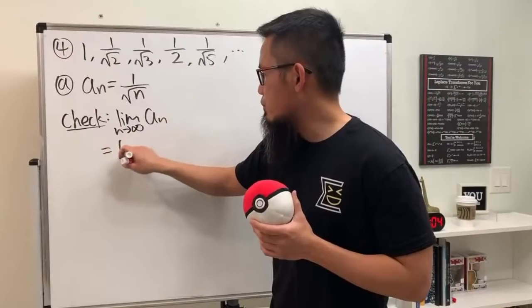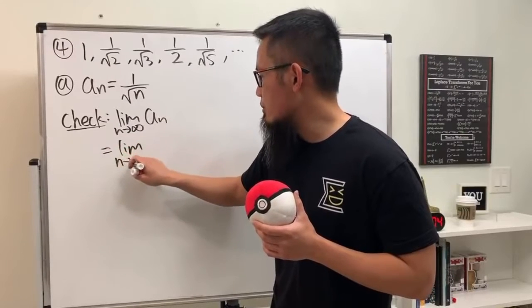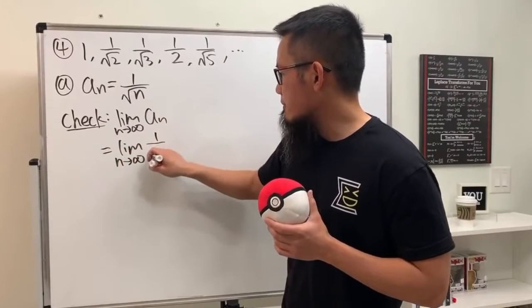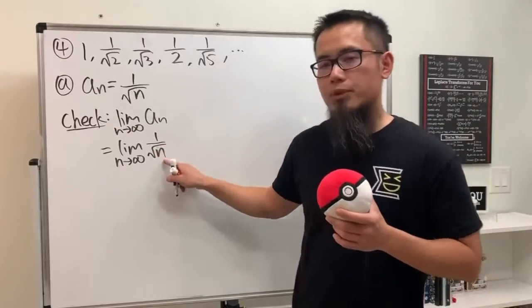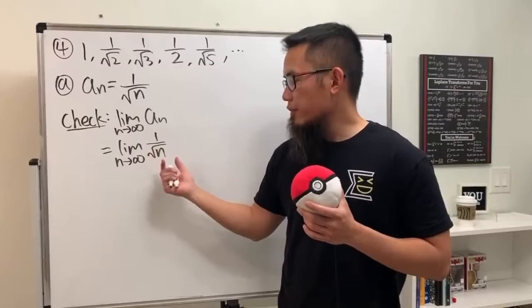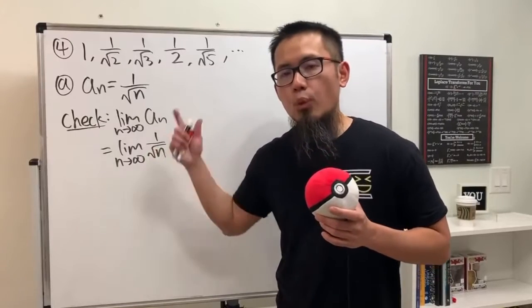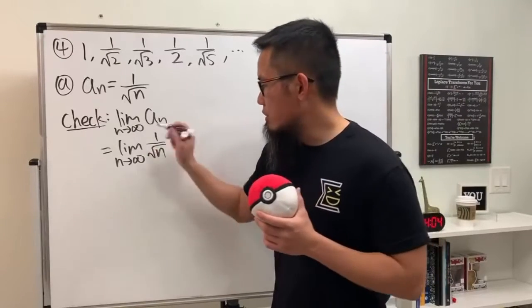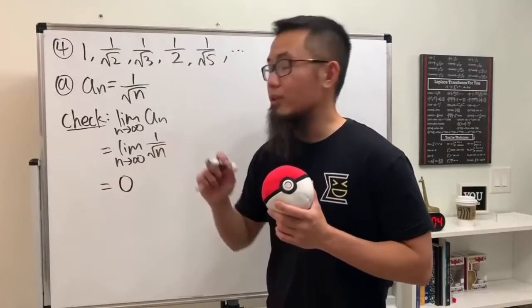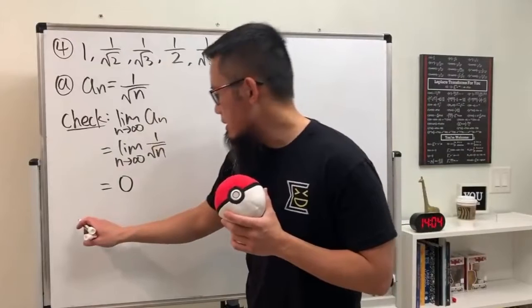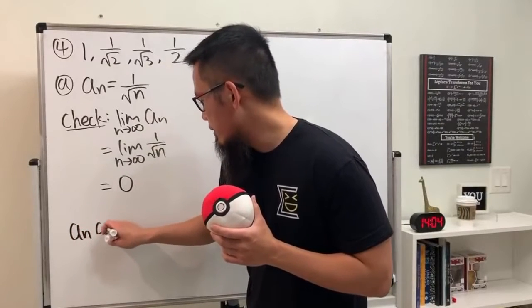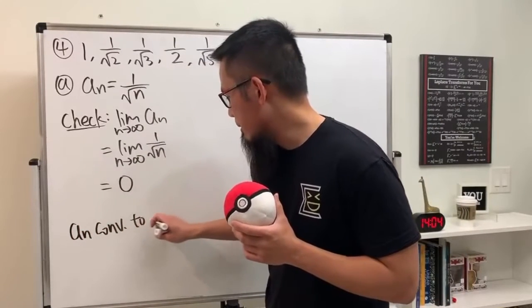And this right here means we will just check the limit as n goes to infinity of that, right? Put infinity to here, you can work this in your head. Square root of infinity is infinity. 1 over infinity is 0. So all in all, this right here gives you 0. All right? Good. So this means an converges to the number 0.